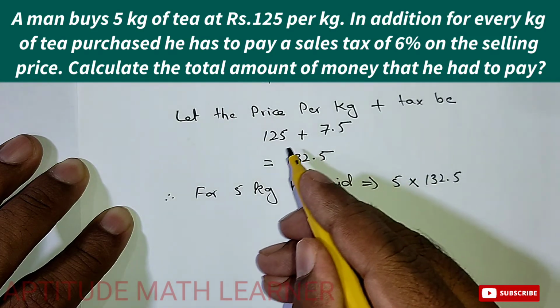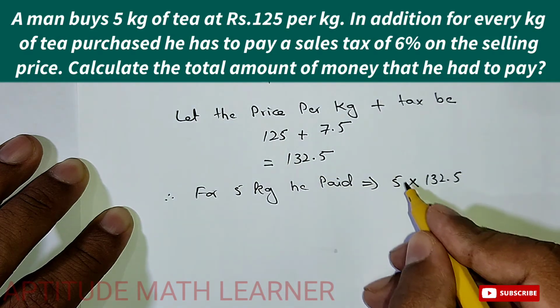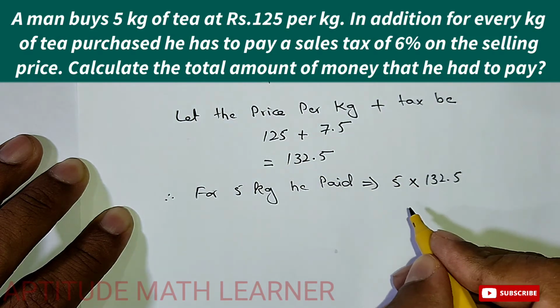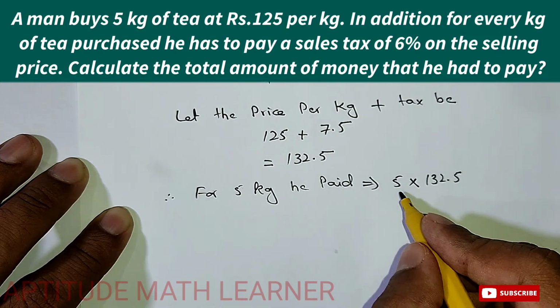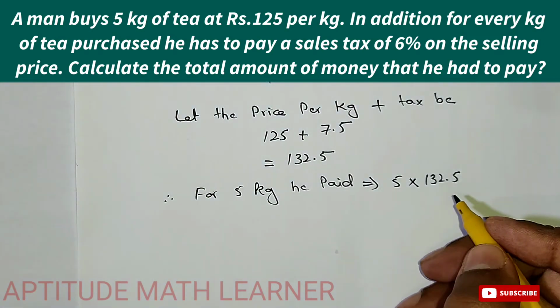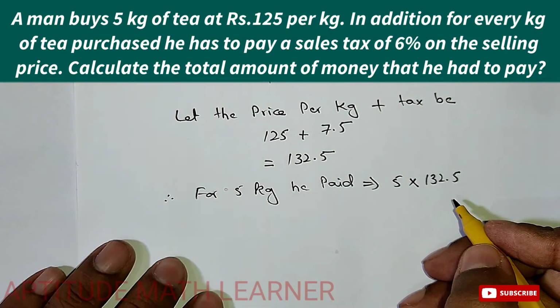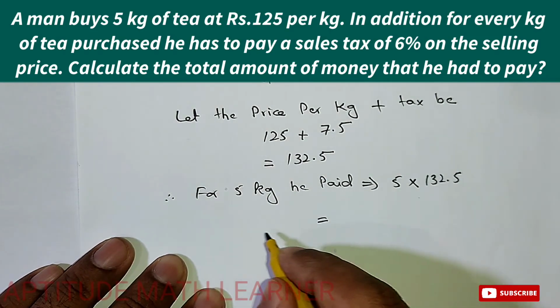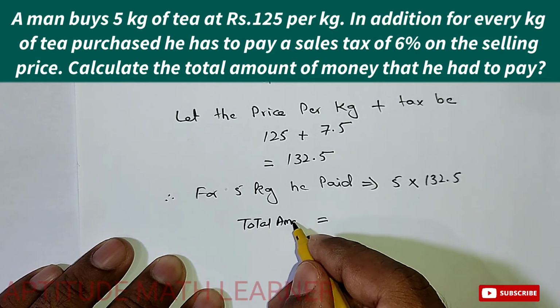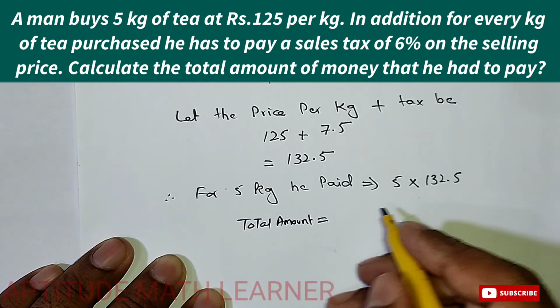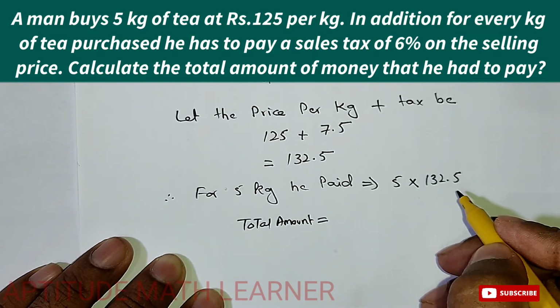So this is the amount per kg, and for 5 kg we have to multiply it to get the total amount. So the total amount will be 5 multiplied by 132.5.